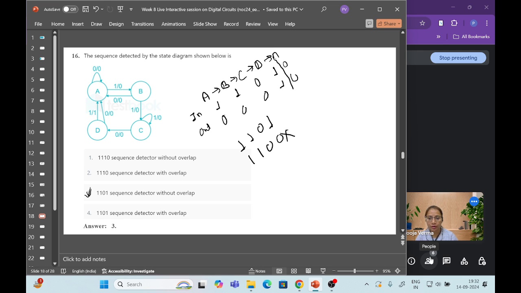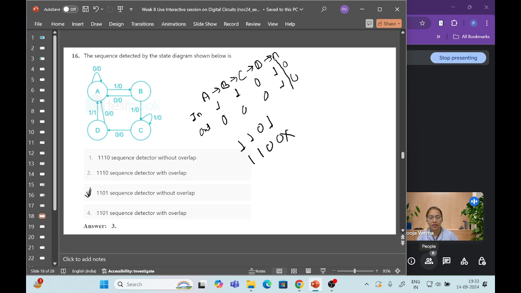Without overlap means there is no overlap. We are moving only in the forward direction, taking the inputs forward: A to B, B to C, C to D, D to A. We are not staying in the same state. That means when the input is 1 0 or 0 1, we are not staying in the same state.